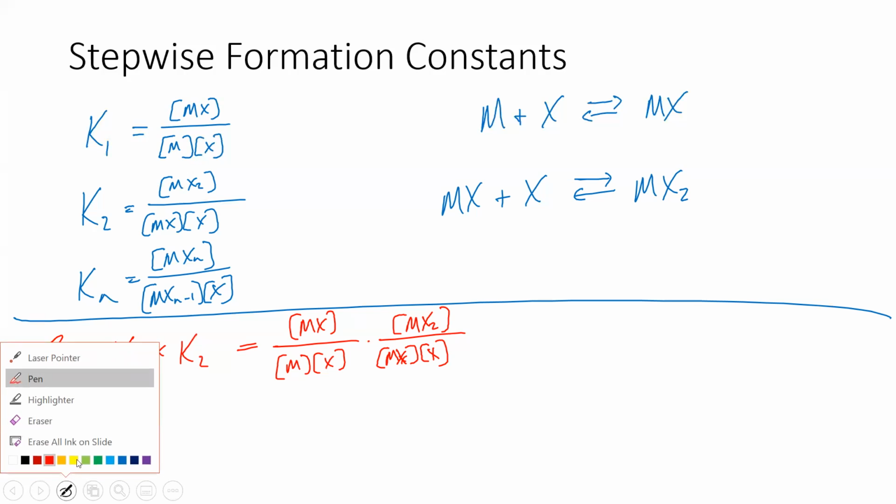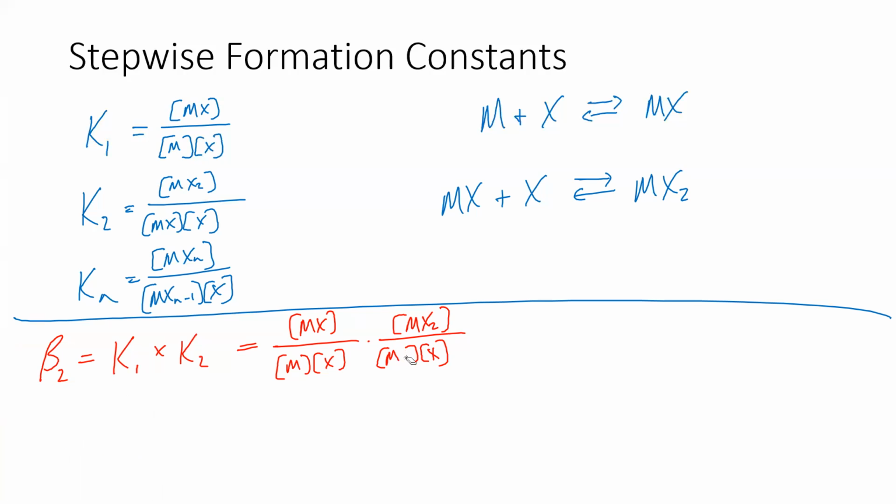Let me clean that up. I fudged up a little bit there. Okay. So we need to get some common denominators in here. But you'll notice that we have MX on the top and MX on the bottom. Those cancel out. And then we have MX2 on the top and MX times X on the bottom. Well, X times X is X squared, so we end up with MX2 over M times X squared.